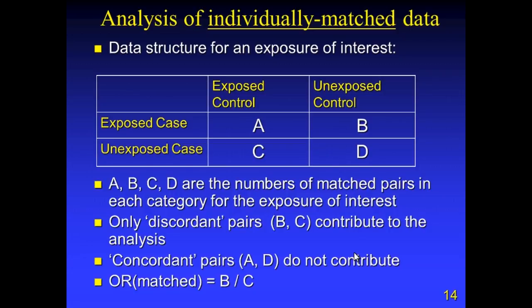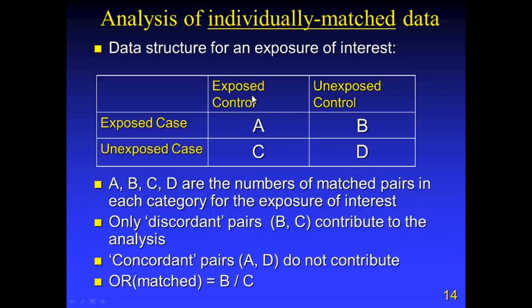So let's talk about the individually matched data, and how that differs from the analysis of data when we have a frequency matched sample. This is a 2x2 table, and you recognize A, B, C, D, but the difference here is that the numbers in each of these cells actually represent pairs.